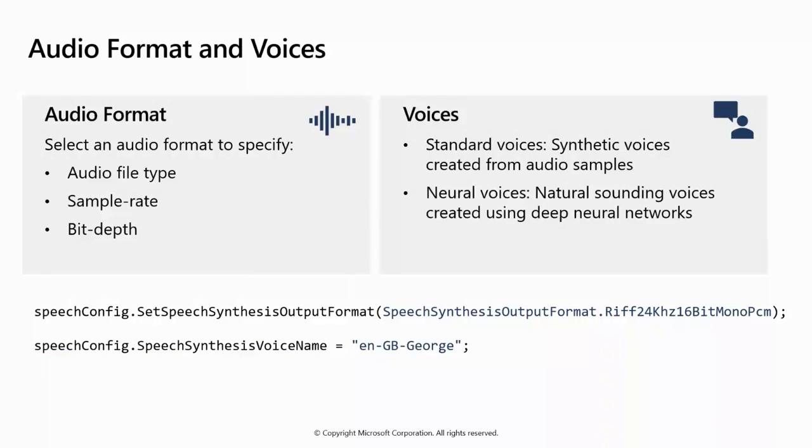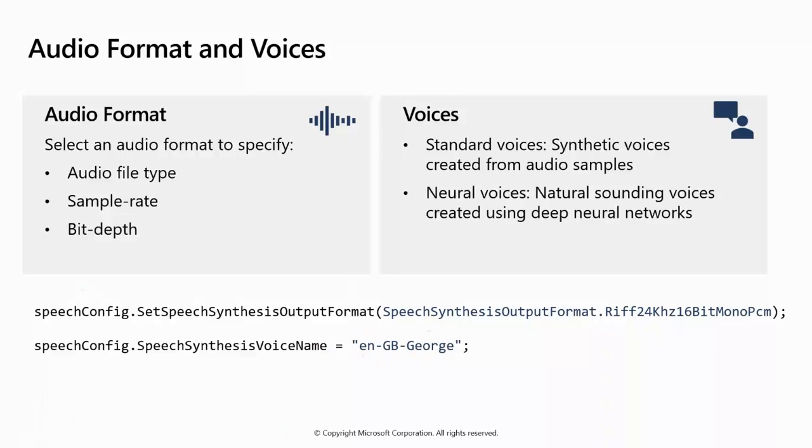Now, the voices have names that include a location and a person's name, like this one, and GB George, okay? Now, in this case, we need to set the speech synthesis voice name to the name of the voice you want to use in the speech synthesis.